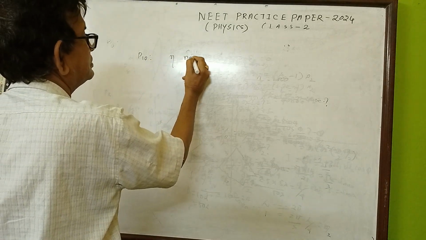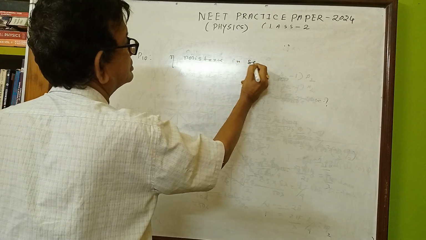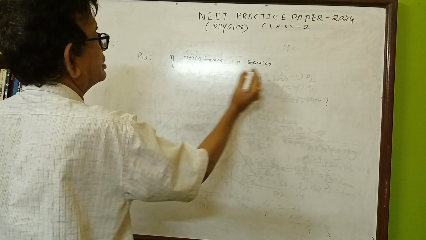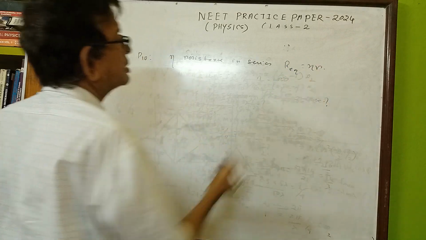N resistances first in series, then R equivalent will be NR. Clear?